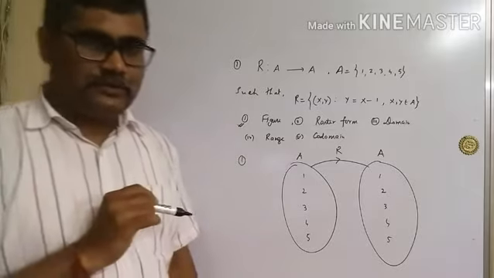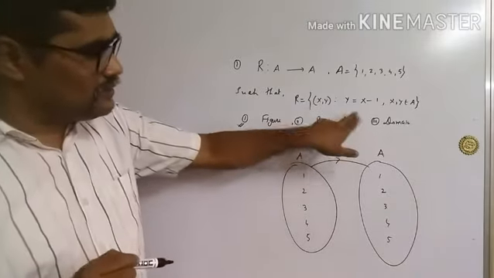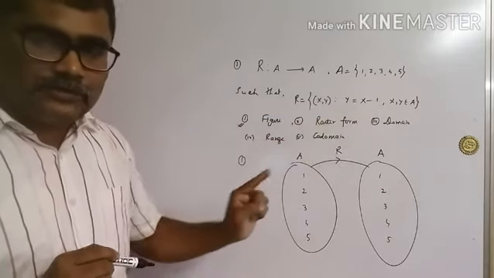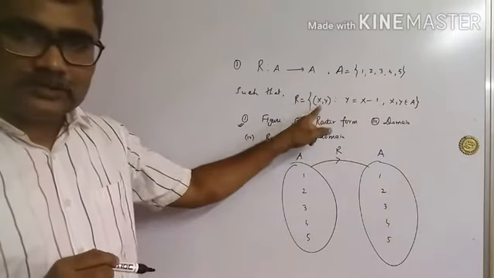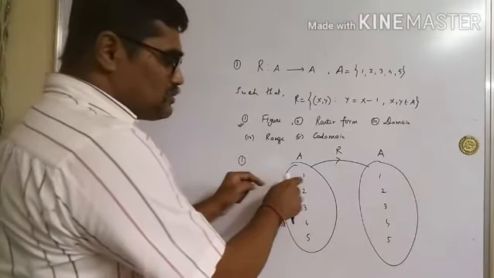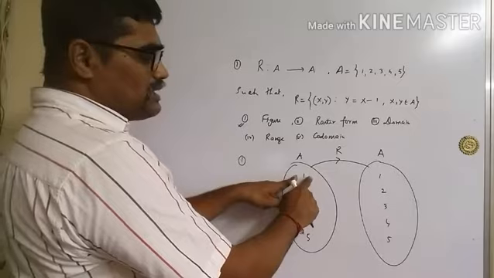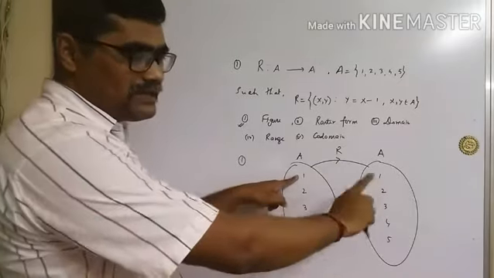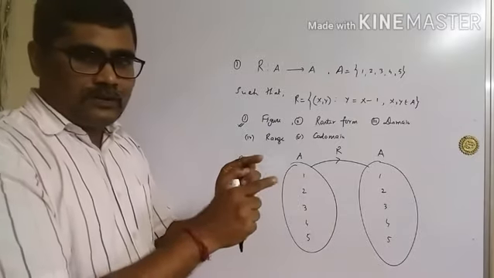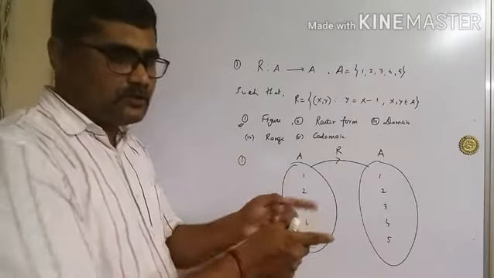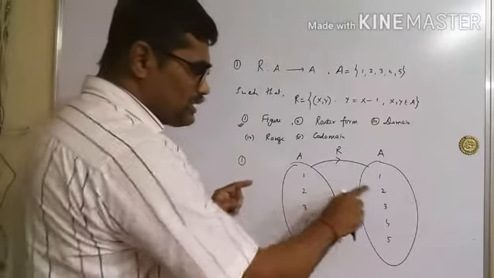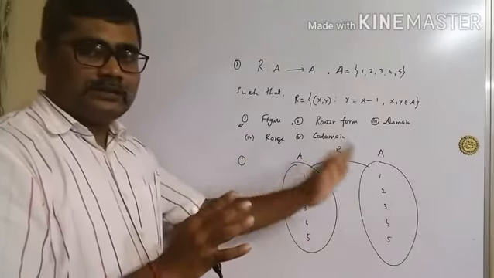Before you connect, y should be 1 less than x, where x is from the first set. Whatever element you choose here will be connected to that element of this set which is 1 less than it. If I pick 1, what is 1 less than 1? 0. Do we find a 0 here? No. That means 1 cannot be related to any element of the right hand side set.